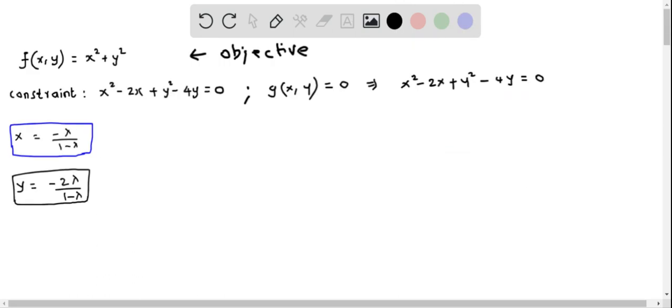Now that we have written the expression for x and y in terms of lambda, we substitute the values of x and y into the constraint equation. This is one of the equations we will utilize to find the value of lambda.